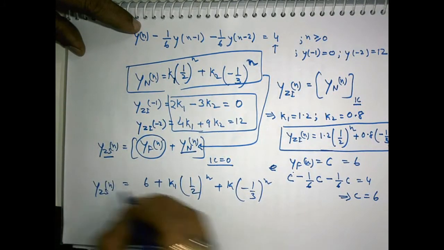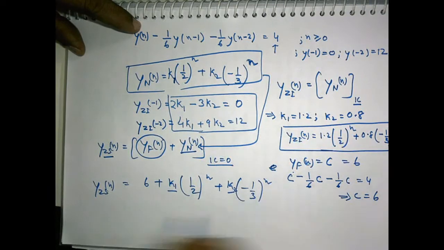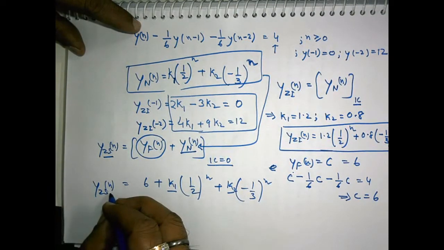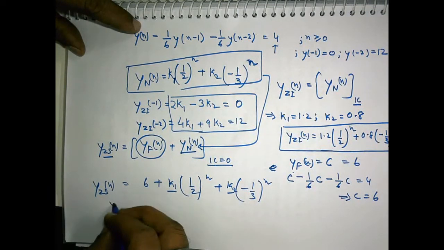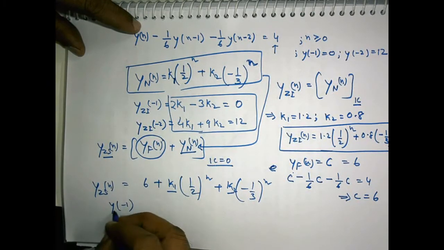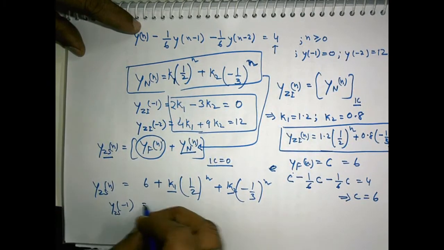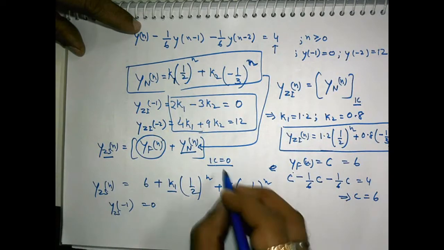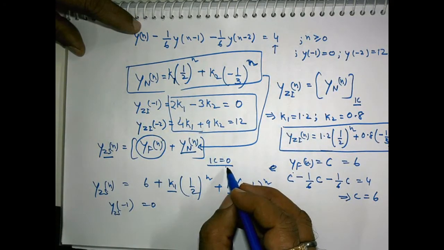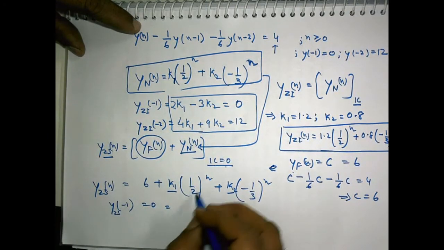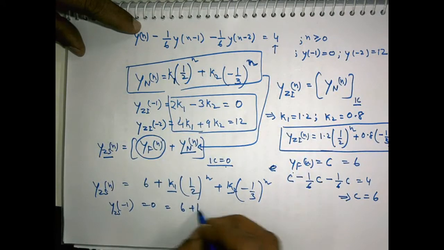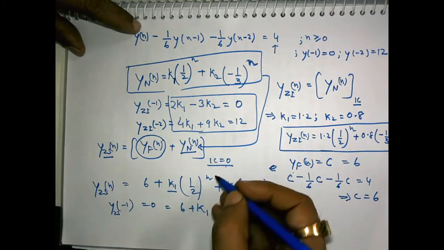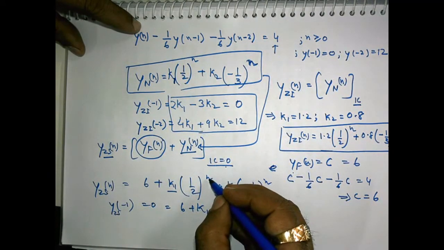This is our yzsn, but we have to evaluate these unknown constants K1 and K2. To evaluate these two unknown constants, we will substitute yzs minus 1 equal to 0, because the initial condition is now 0. This is equal to 6 plus K1, and at the place of n we substitute minus 1.